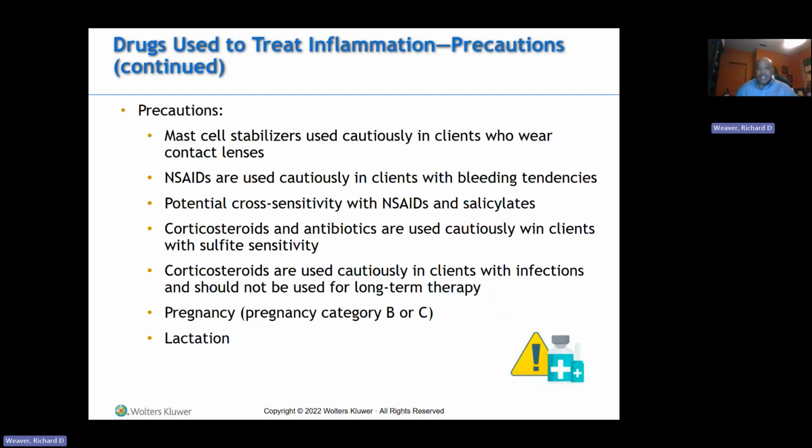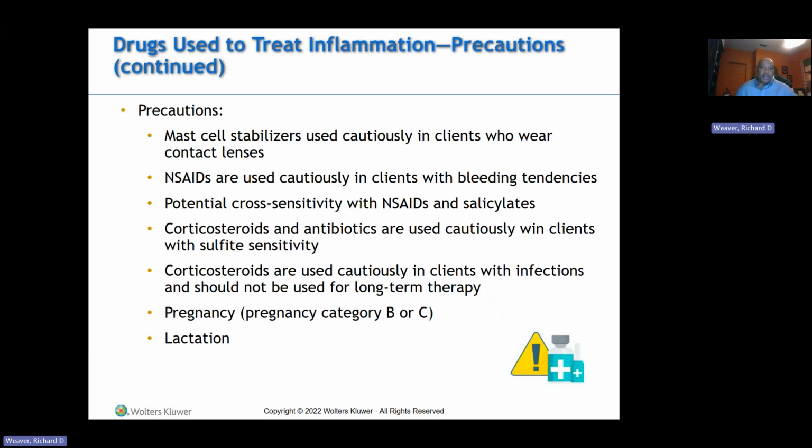There's a preservative that may be absorbed by the soft contact lenses, and that's why it would be contraindicated. NSAIDs tend to inhibit platelet formation, so they should be used cautiously because they can cause bleeding tendencies. If you inhibit platelets, there's a possible risk for bleeding tendencies.